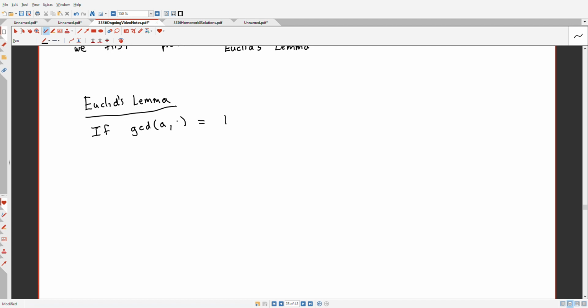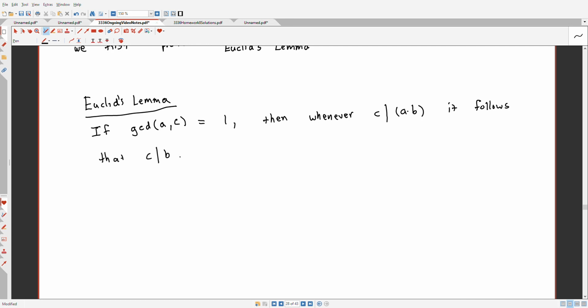So if the greatest common divisor between two numbers A and C is 1, so if A and C are relatively prime, then whenever C divides A times B, it follows that this number C has to divide the number B.